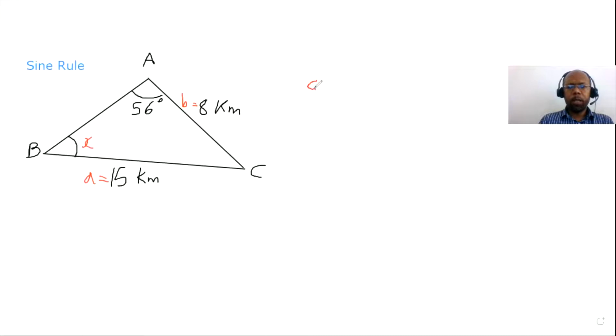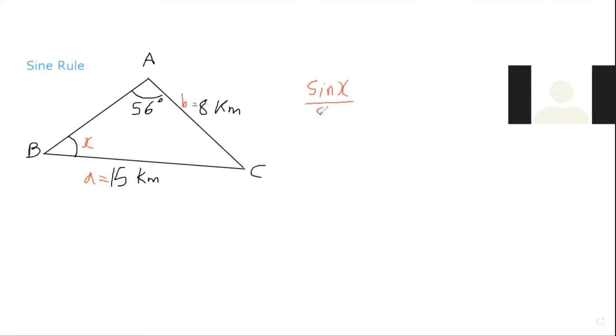Since we're looking for an angle, we'll put the angle portion of the sine rule at the top. And this sine X relates to which length, guys? Is it going to be 15 or 8? 8, sir. 8.